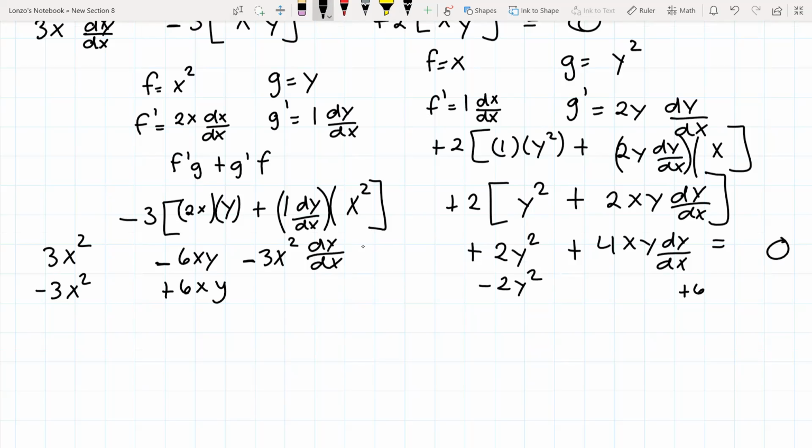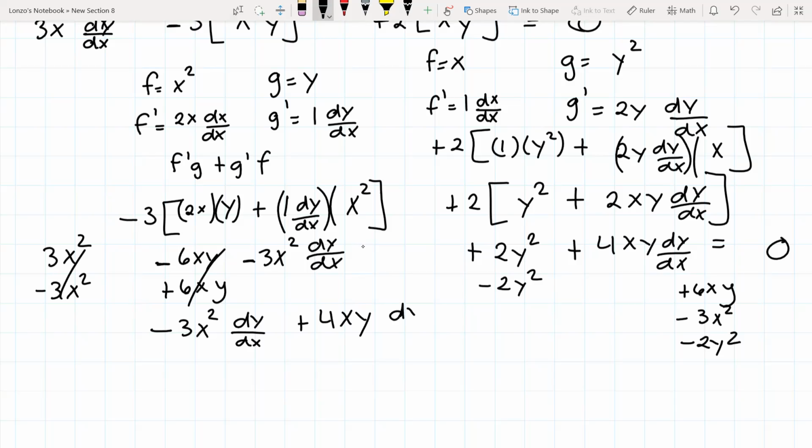So you're going to add 6xy minus 3x squared minus 2y squared. So now you're left with negative 3x squared dy over dx plus 4xy dy over dx equals 6xy minus 3x squared minus 2y squared.